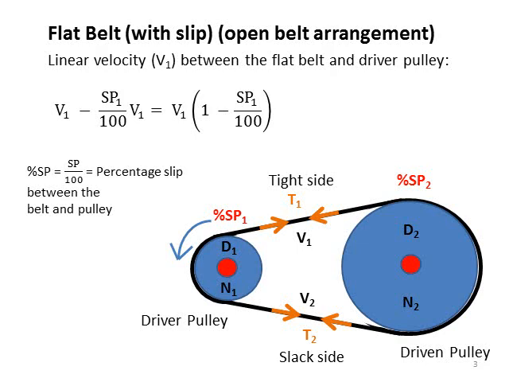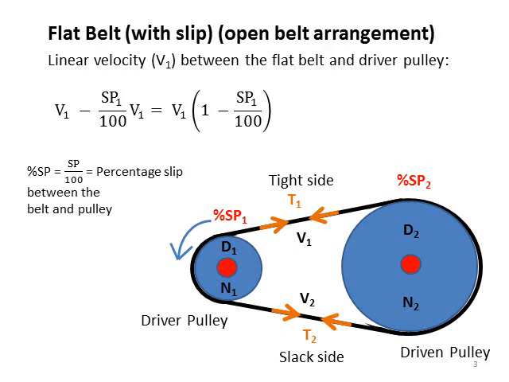Here there are terms represented by percentage SP1 and percentage SP2. What are they? Basically, percentage SP1 represents the percentage slip between the belt and the driver pulley, and percentage SP2 represents the percentage slip between the belt and the driven pulley.